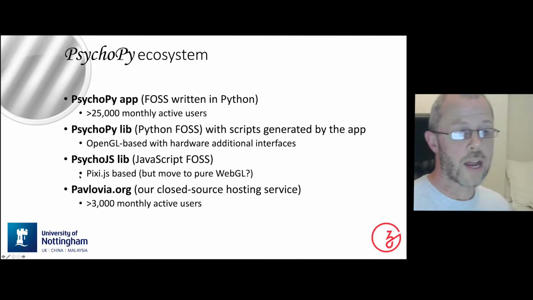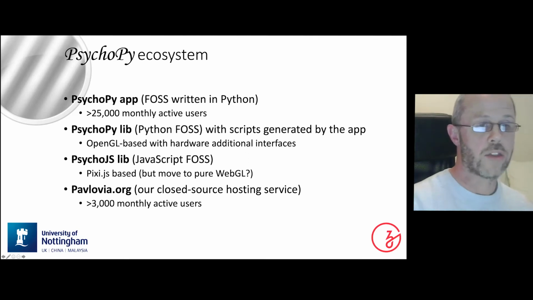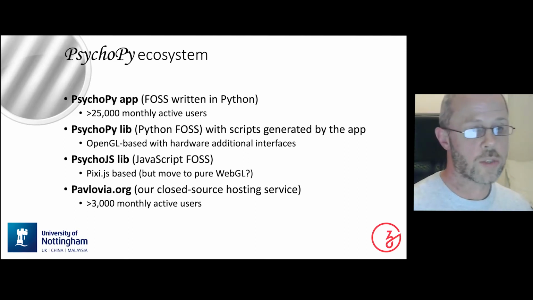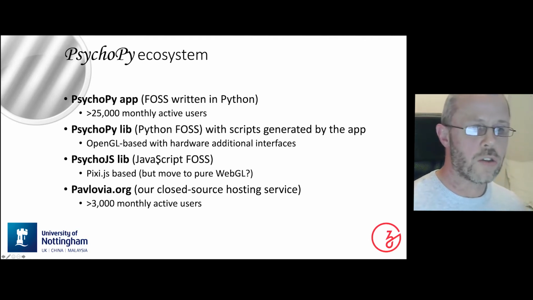Alan Biccio and some others have ported the Python library to JavaScript so that it could run in the browser as well. Currently using Pixi, but we're soon going to move to WebGL, again aiming to use the hardware-accelerated graphics that you can now use in a browser.